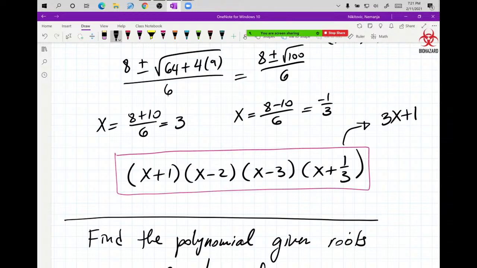Because 3x plus 1 equal to 0 is going to give me x equals negative 1/3. And if I have x plus 1/3 equals 0, that is also going to give me x equals negative 1/3. So which one is it? The one that we have or the one that we should have?